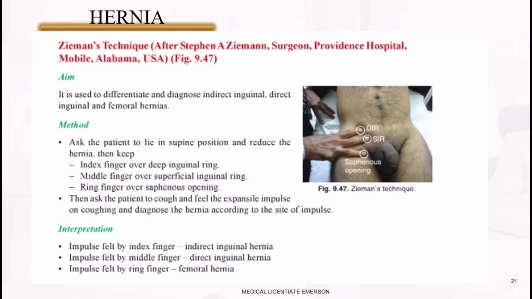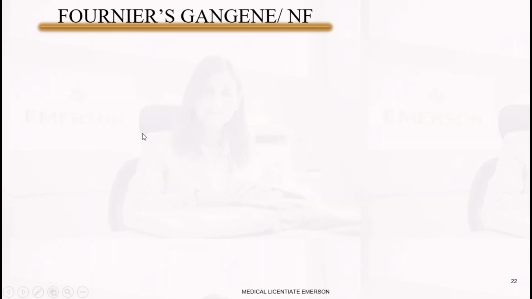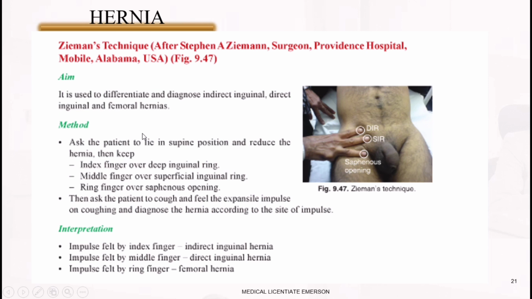I want to talk about Ziemen's test, named after Stephen A. Ziemen, surgeon at Providence Hospital. So the aim of this test is to differentiate and diagnose the indirect inguinal hernia, direct inguinal, and femoral hernias. So that's the aim. Then method, how do you do it? So you ask the patient to lie in supine position and reduce the hernia.